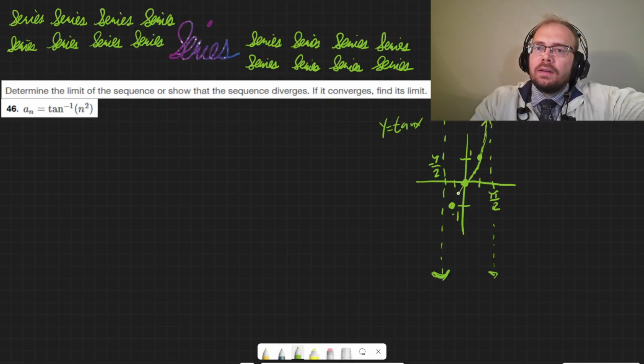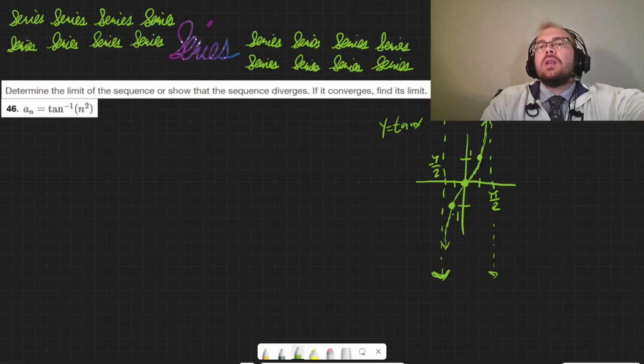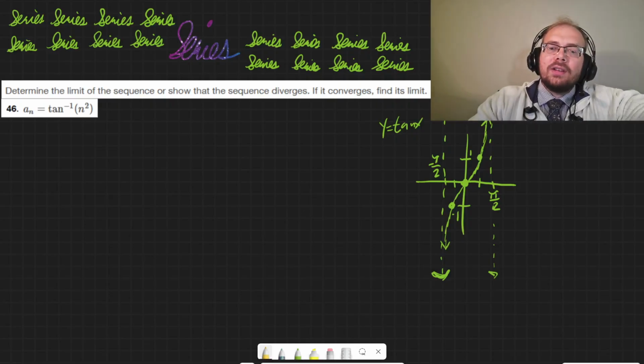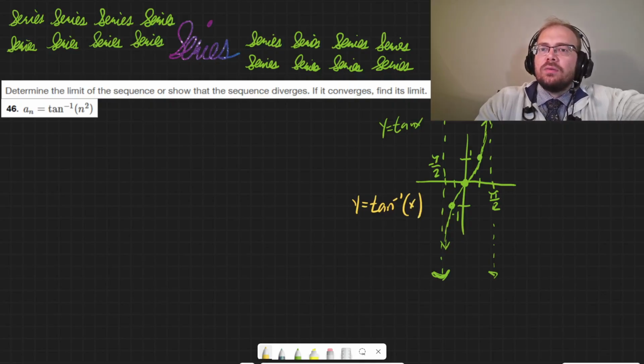So why is that important? Well, because when you're graphing the tangent inverse function, it is literally just if you change out the x's and the y's.